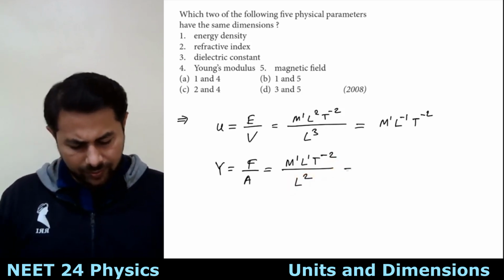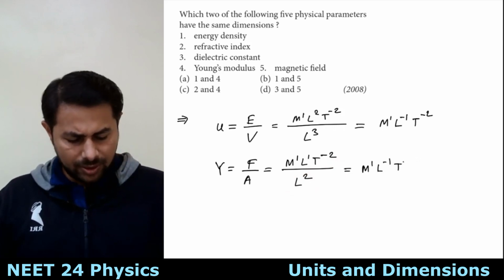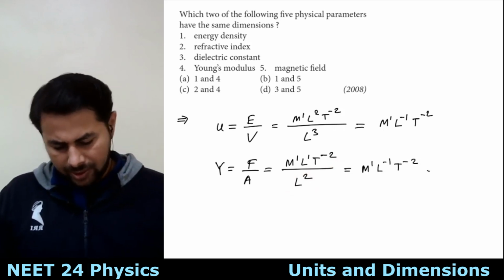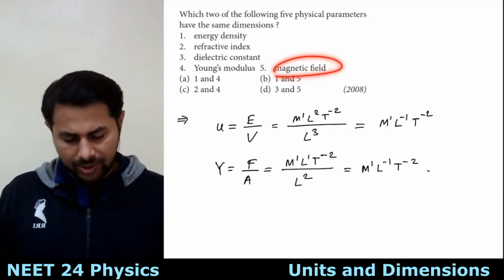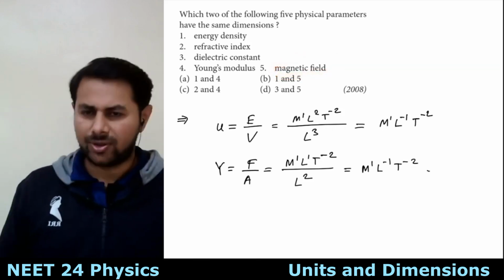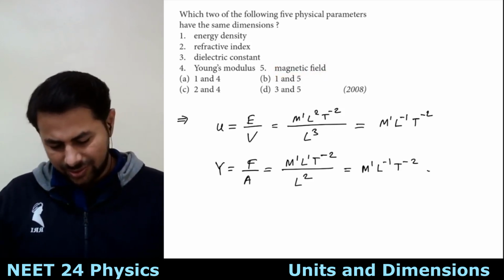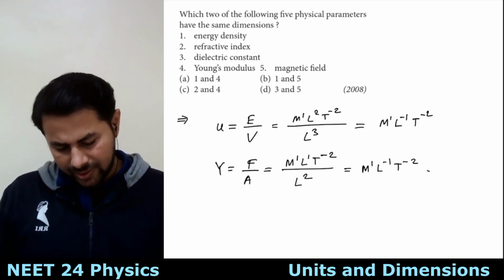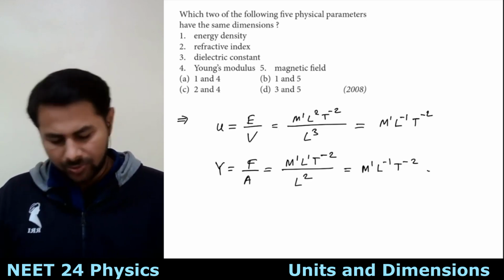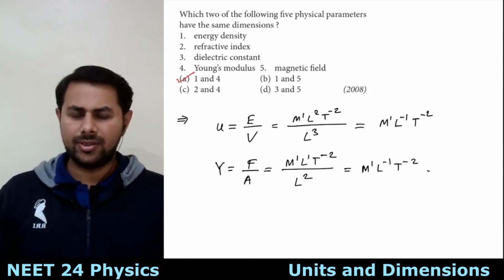So that is m1 L minus 1 t minus 2. Yeah, it matched, no? Then we don't need to find out dimensions of magnetic field, etc. I also don't remember. Okay, I'll need to use some formula. Anyways, so it is 1 and 3. It's not 3, no, it is 4. 1 and 4. It's option A. This is clear.